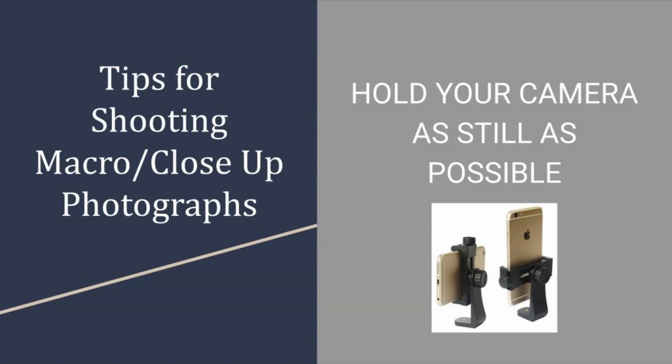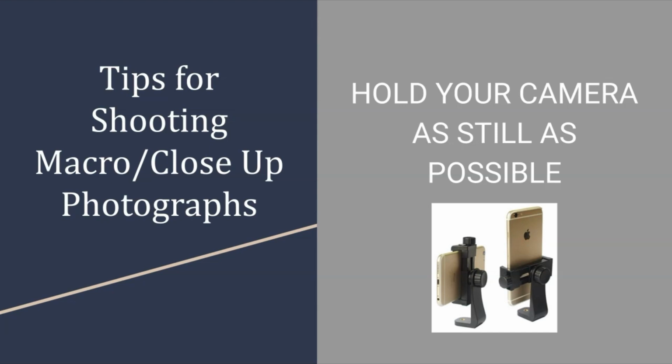I can't overestimate the importance of holding your camera as still as possible. Use a tripod if you can, or even a remote shutter release, or set up your shot so that your camera is as absolutely stable as you can make it. The blurring effects of even the tiniest movements are exaggerated at high magnification and very close range.